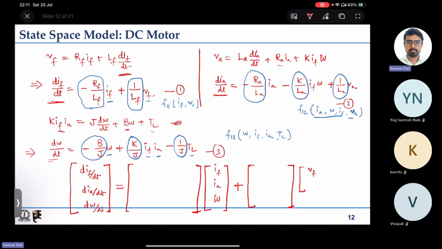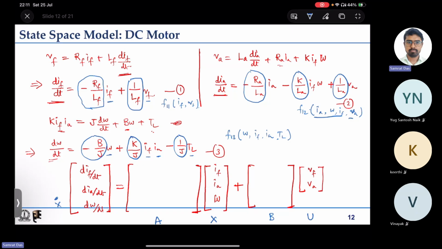This is VF and VA. These are the inputs. So the first term is basically our x dot. This matrix is nothing but the A matrix. This is X, the state variable matrix. This is the B matrix, and this is the U matrix, the input matrix.